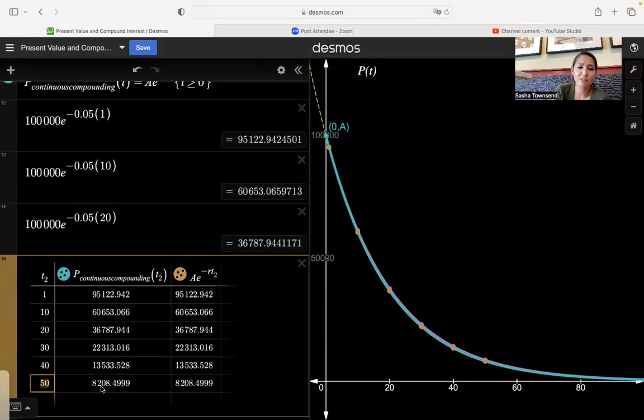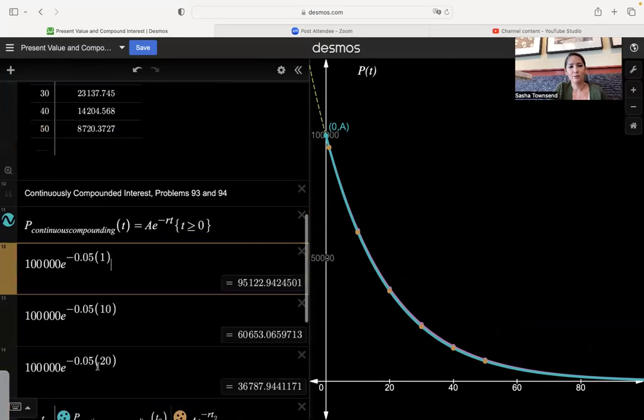So if you're willing to wait 50 years, you only have to deposit $8,000 now to have $100,000 50 years from now. So you actually make, what, $92,000 by waiting 50 years, depositing that $8,000 now and then just not touching it. So that's how we handle that.